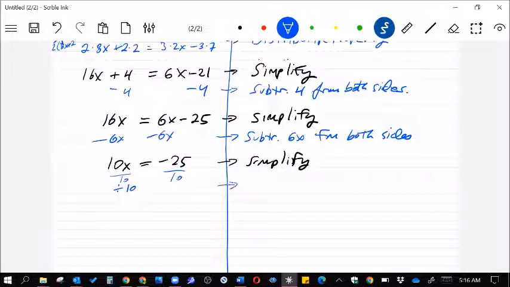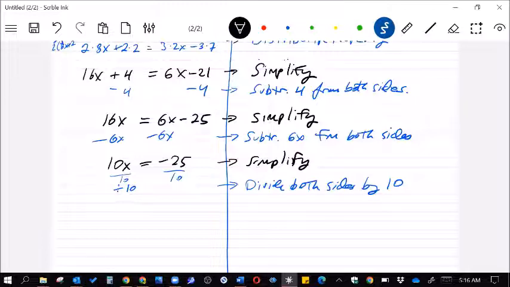And it's going to be divide both sides by 10. Or multiply both sides by the inverse, which is 1/10. And then we're going to simplify. So it's going to be x is equal to negative 2.5.